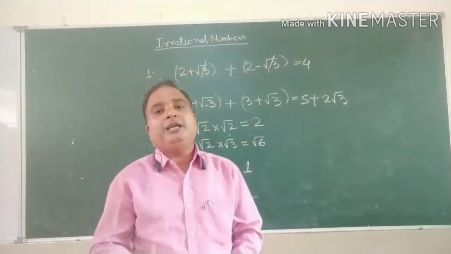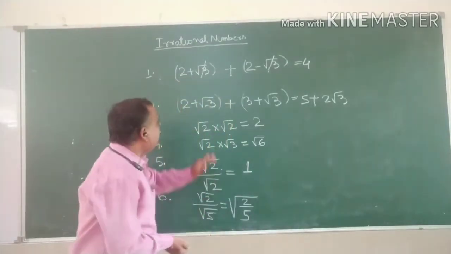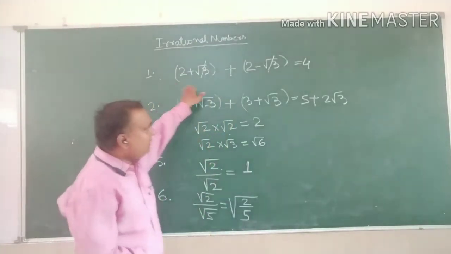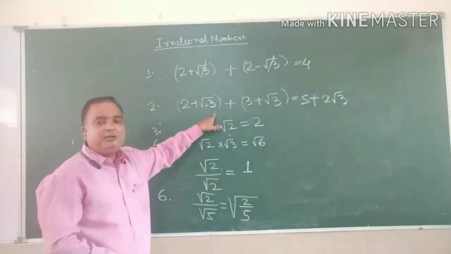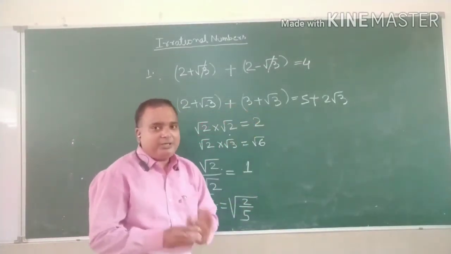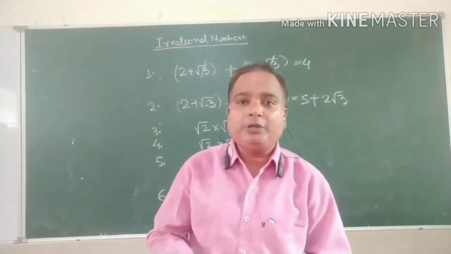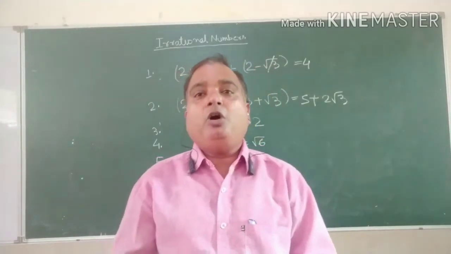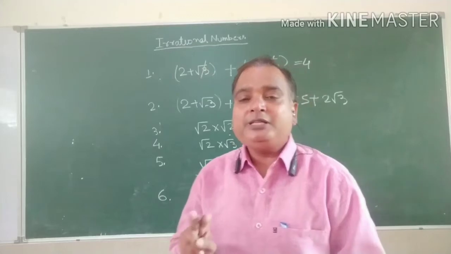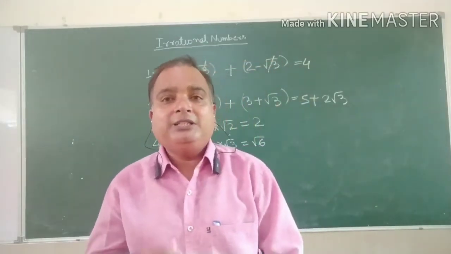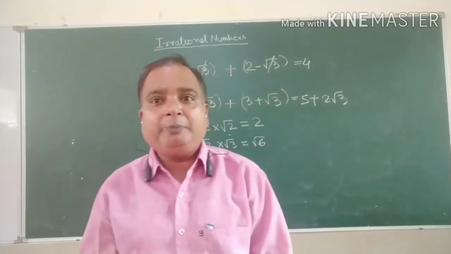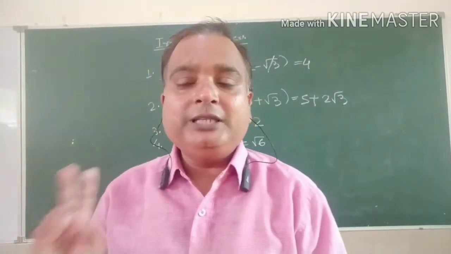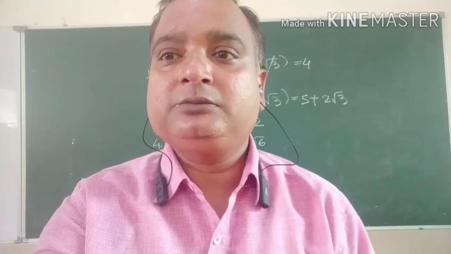It depends on the irrational numbers. If the numbers are like that, the result may be rational. If the numbers are like that, the result will be irrational. So we can say when we multiply, add, subtract, or divide two irrational numbers, the result may be a rational number or an irrational number. It depends on the value of these irrational numbers.